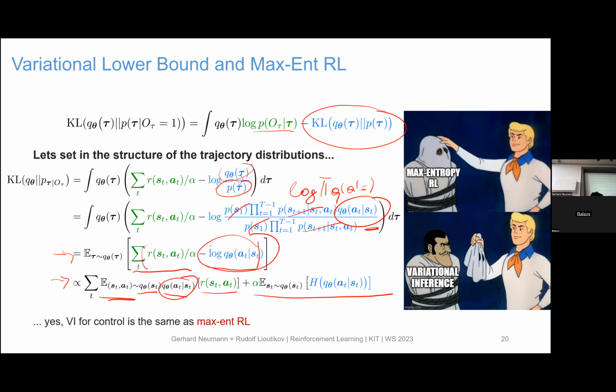And that's how people show the equivalence between max entropy reinforcement learning and variational inference. Because what we see here is exactly the same objective that SAC, the soft actor critic algorithm, is optimizing.